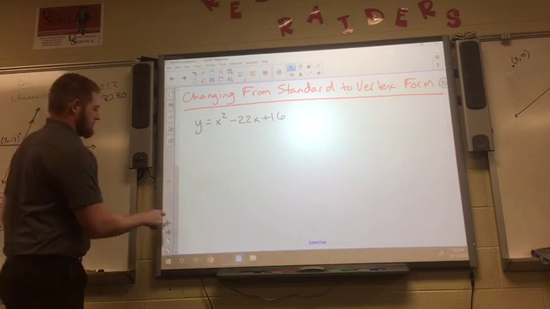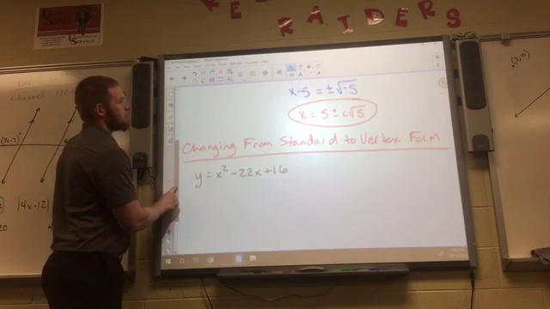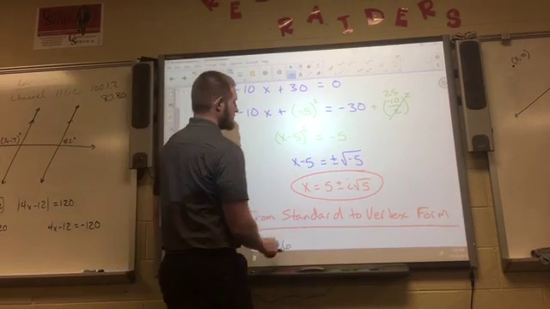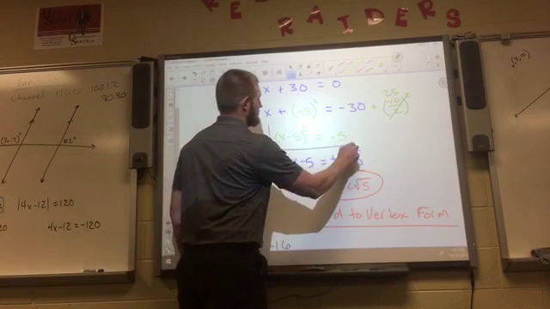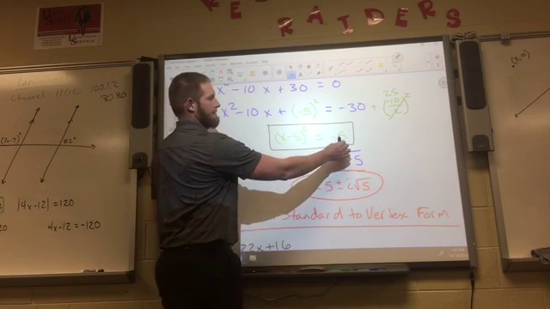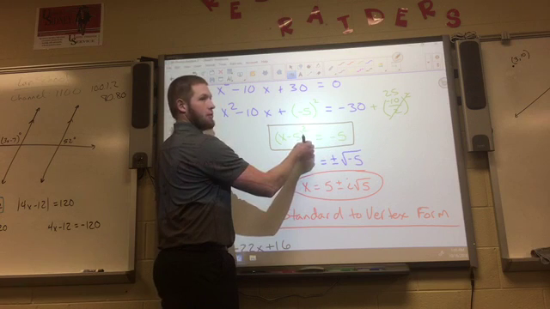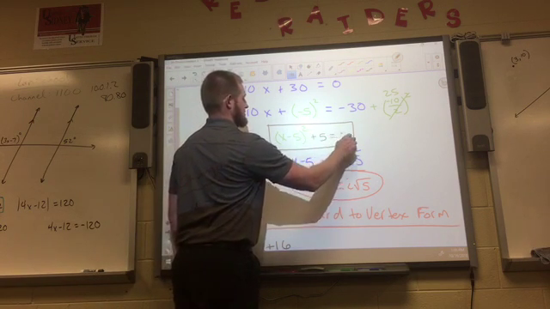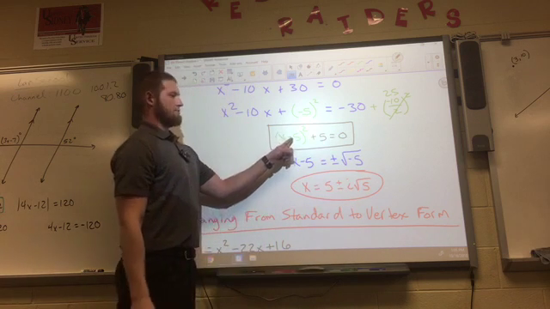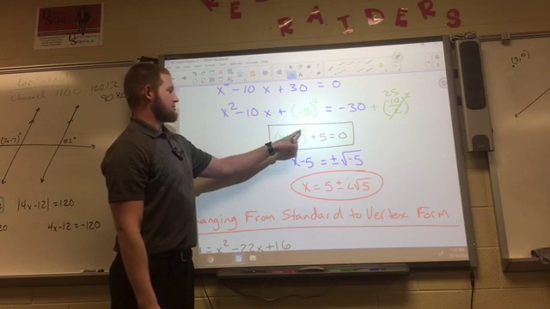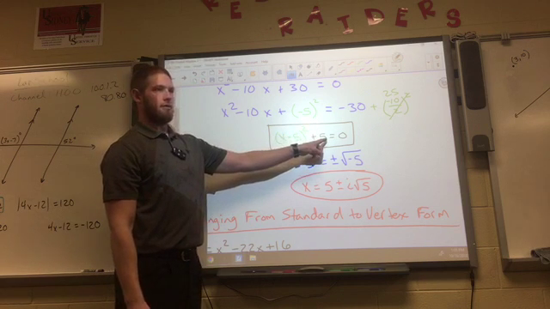Notice, if I were to backtrack here, looking here, if I added that 5 back over here with me, so then I have plus 5 equals 0. Isn't this vertex form? Oh, sure. x minus h squared plus k.